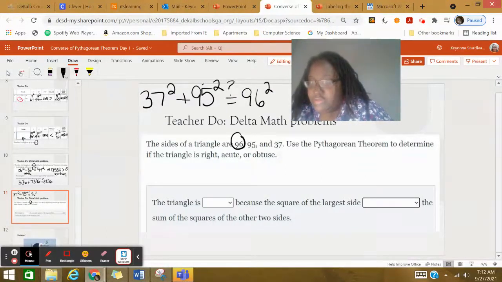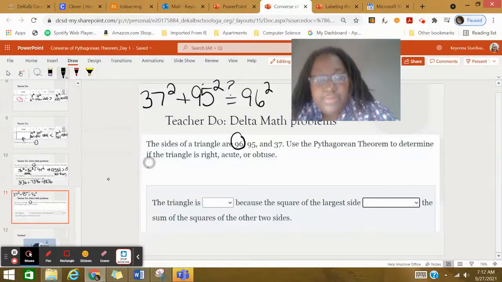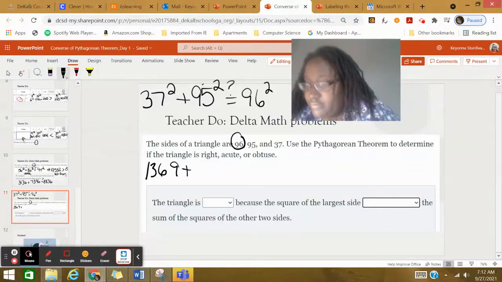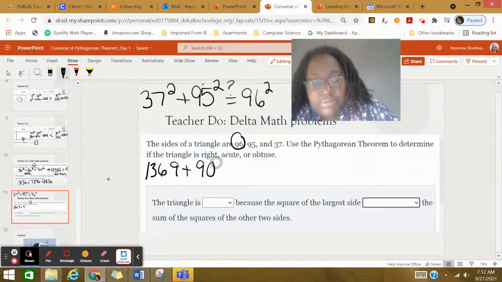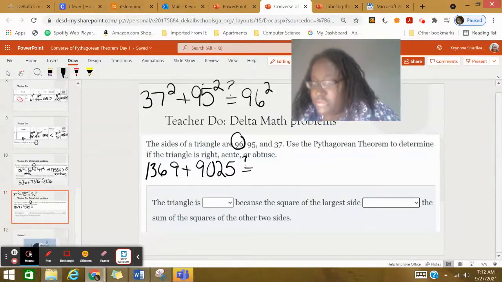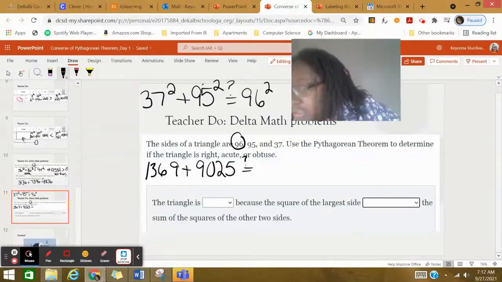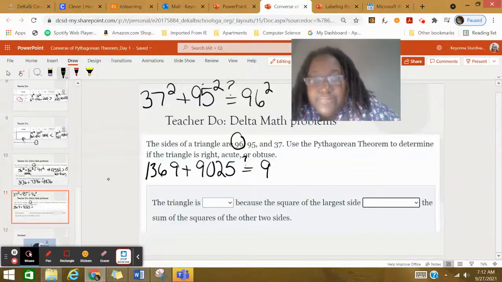We have 37 squared, it gave me 1,369. Then we got 95 squared, 9,025. And then we have 96 squared, and again, these are the Delta Math problems which you guys actually had to complete. So I got 9,216.